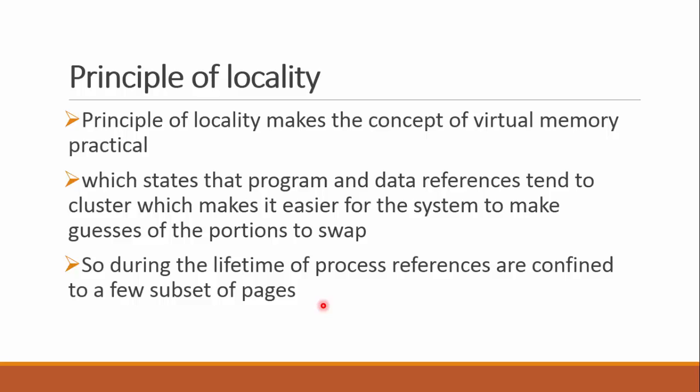They are localized in a place, the data references and all. So the system can make a pretty good guess of which pages to swap. As in data there are references, those references will be nearby that data. They won't be in far away memory. So the principle of locality helps the OS decide.